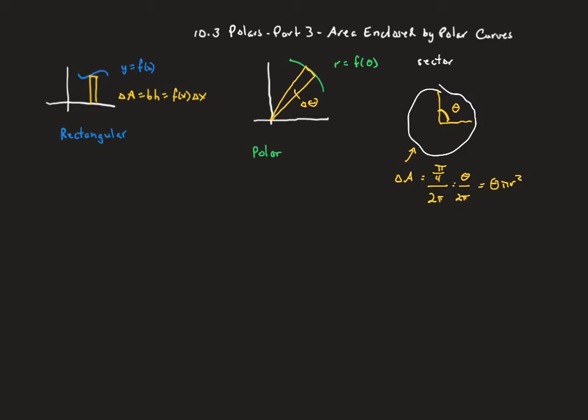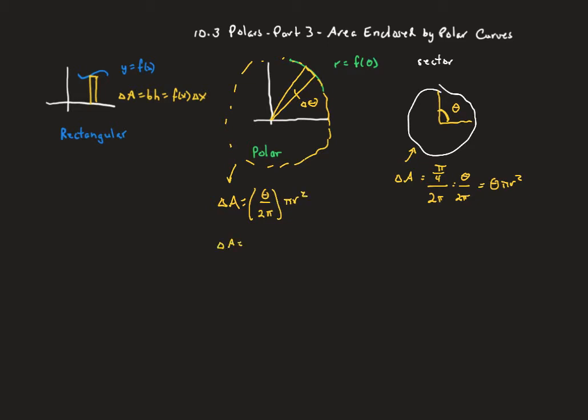So what we are going to do in our case is say our delta area is going to be our angle, which is going to be that little delta theta in a moment, divided by 2 pi. That makes this the fraction of the whole circle that we would get if we thought of that sector as being part of a whole circle, and then times pi r squared.